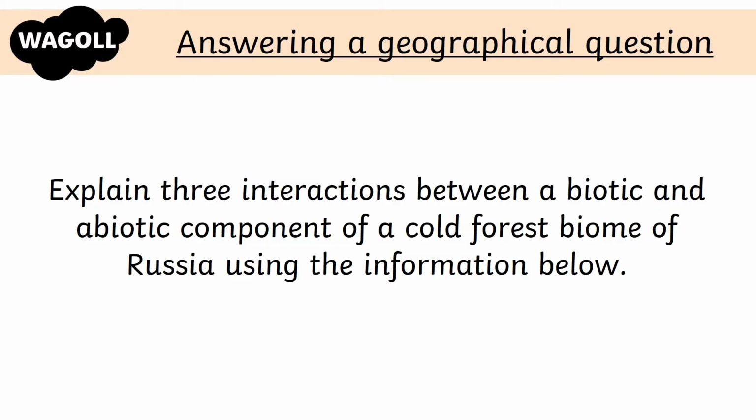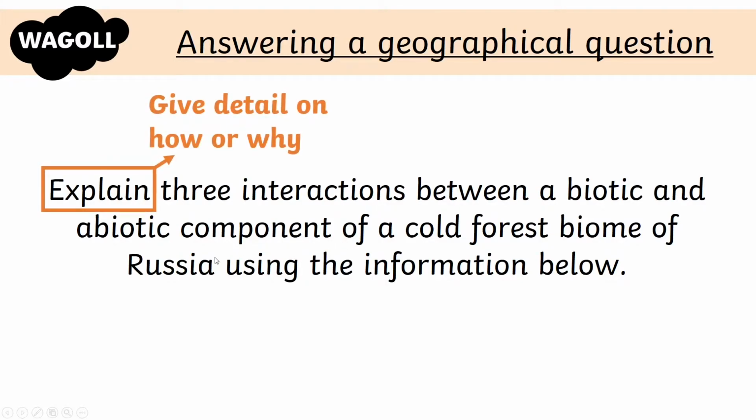We can also explore what this question actually is asking us to do. So, the word explain means to give detail on how or why. So in this case, we're going to give detail on the 3 interactions. The term interaction means links.